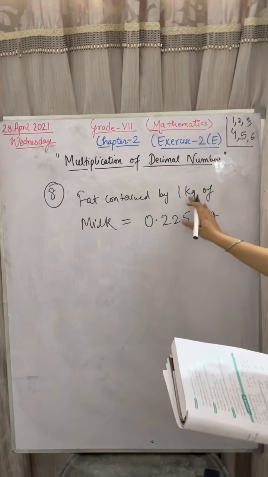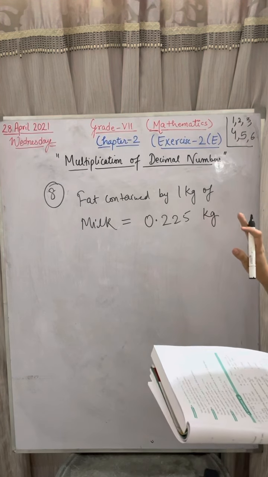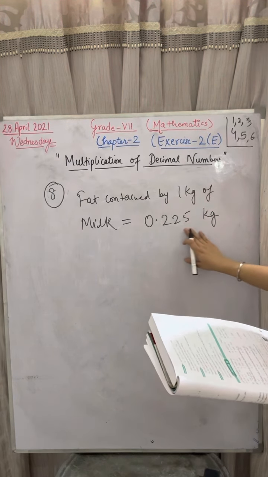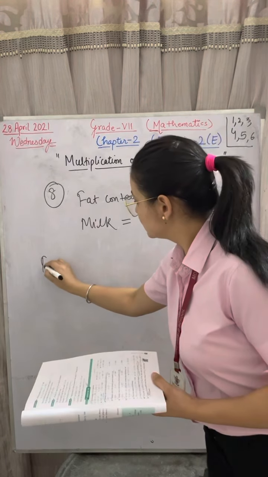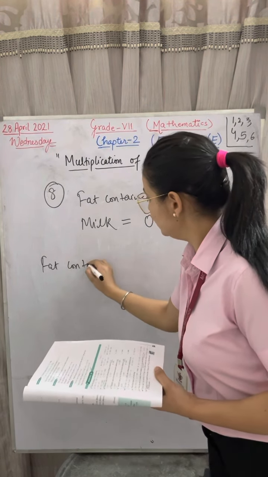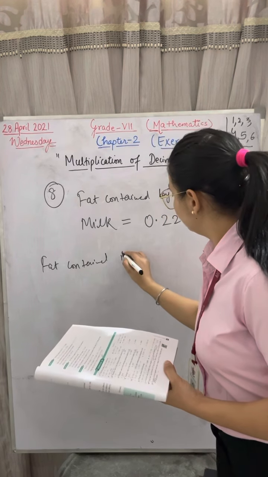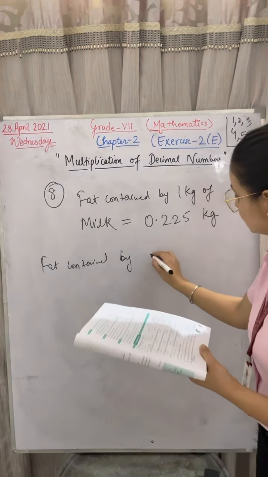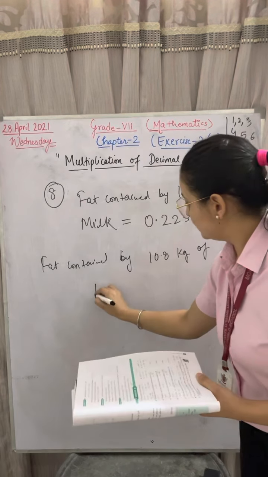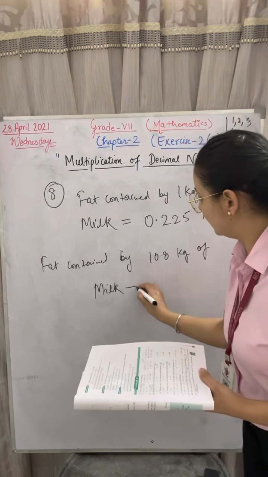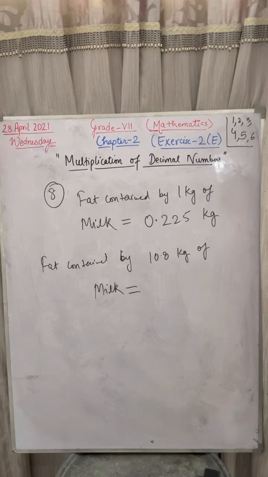In 1 kg of milk they are having how much fat? 0.225. So they are asking the fat contained by 10.8 kg of milk. That will be equal to what? Do I have to multiply or divide?